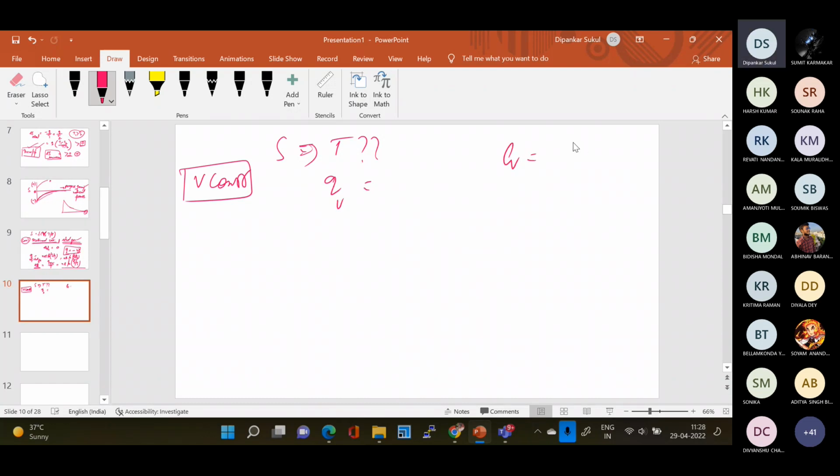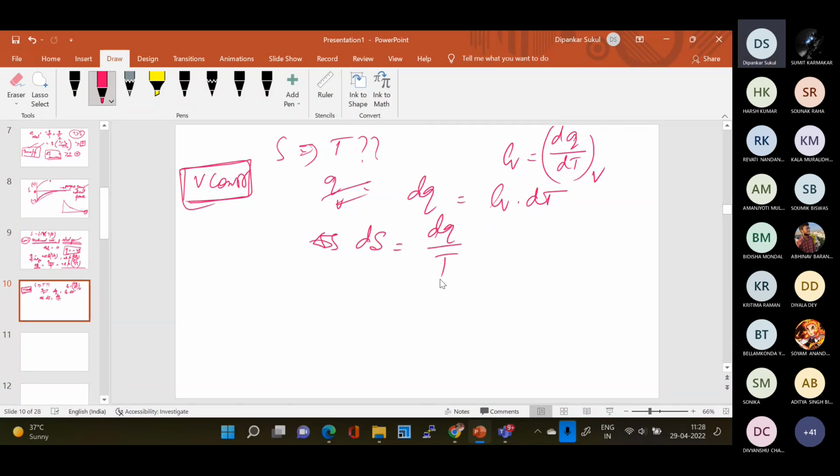Cv is equal to dq by dT under constant volume condition. Hence, dq is equal to Cv into dT under constant volume condition. Then what is the change in entropy? dq by T. That means it will be Cv dT by T.